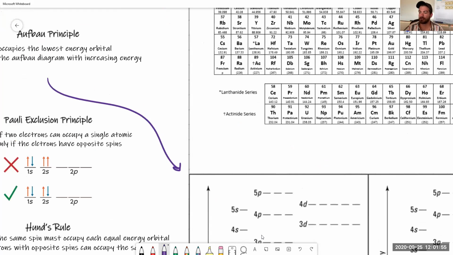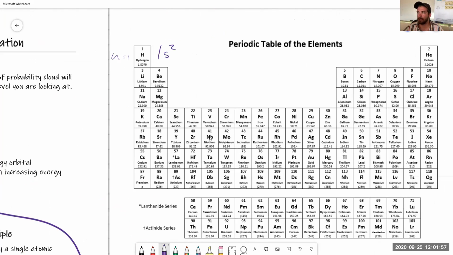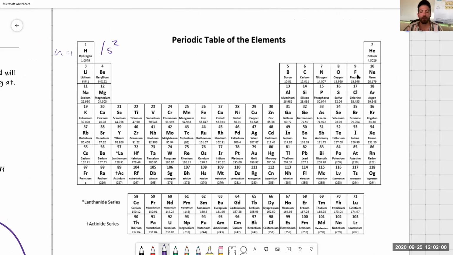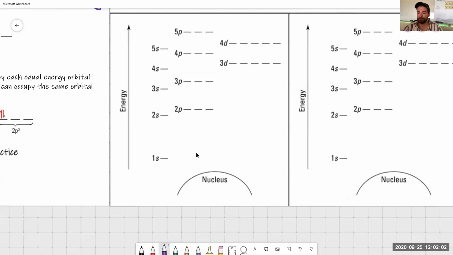But the one that I want us to identify here is, let's do fluorine. Fluorine is element number 9. So I'm going to come down here, fluorine, element 9. So how many electrons? 9 electrons. So let's apply 1, 2, 3, 4. See how I did that? 1 up, 1 down. And now I can go 1, 2, 3.